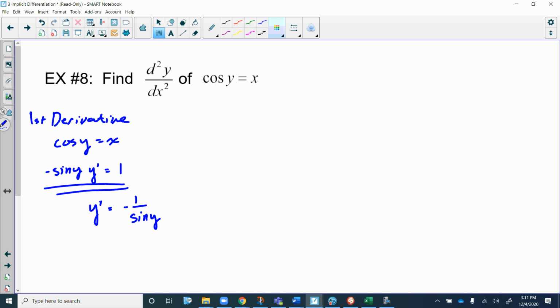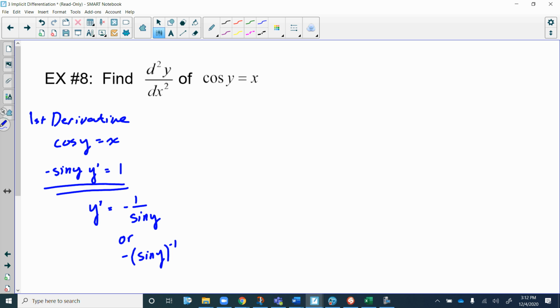Or if you prefer, we could write it as negative times the sine of y to the negative 1 power, or not inverse, but reciprocal.